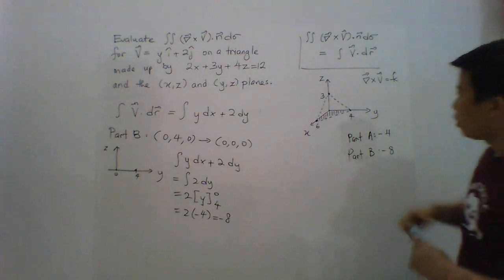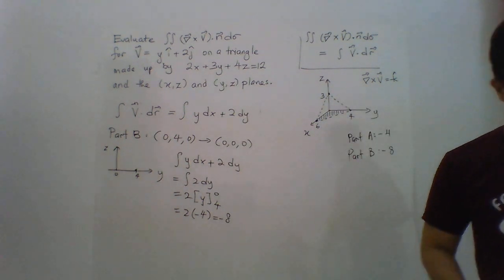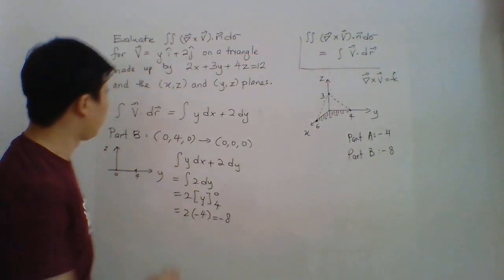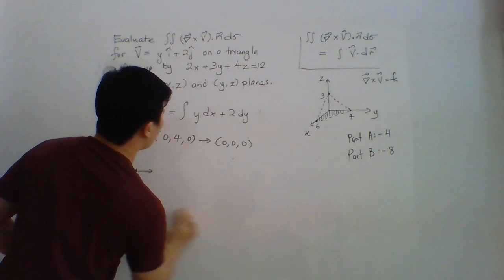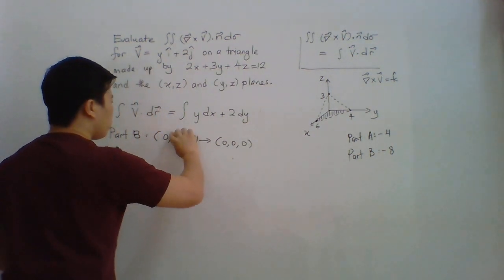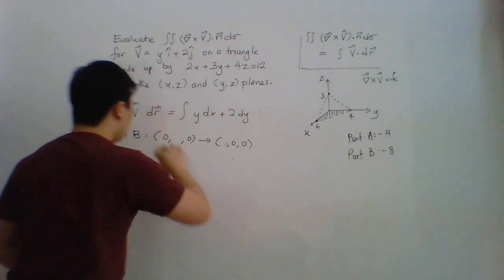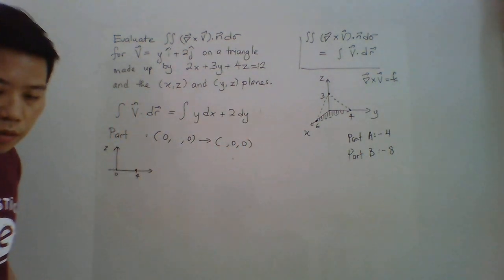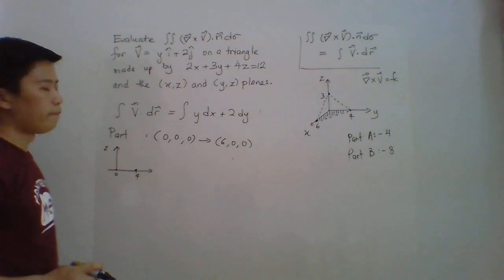So next, the last one is to evaluate from the origin to this point 6, 0, 0. Okay, so let's go to part C over here. So part C, we are going to go from 0, 0, 0 to 6, 0, 0.